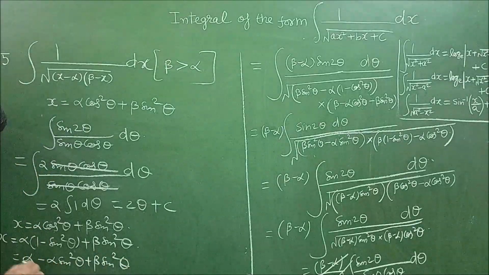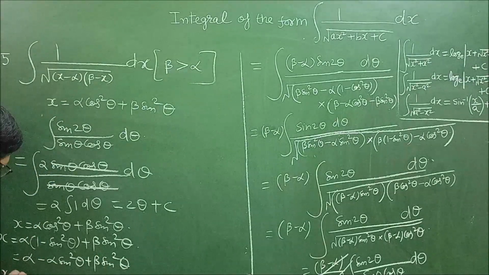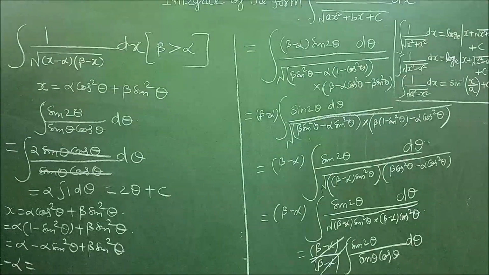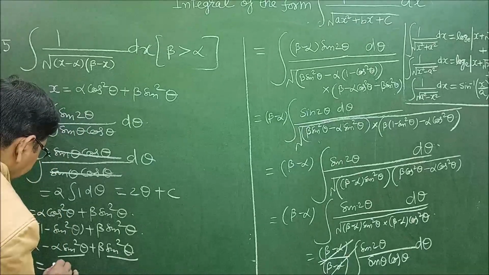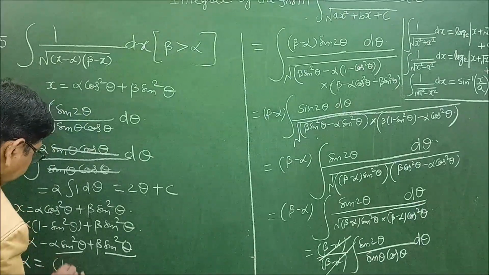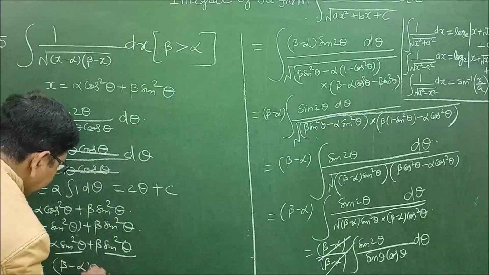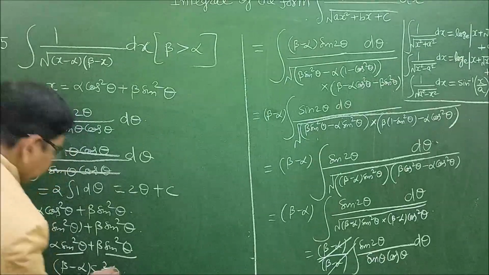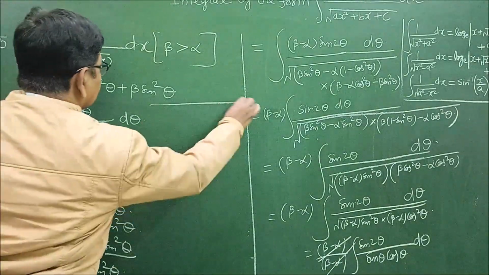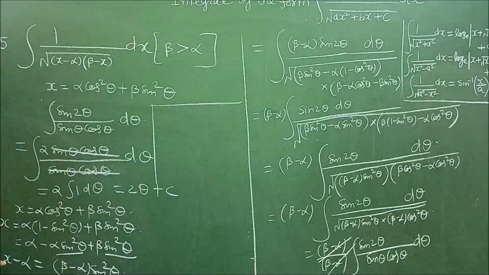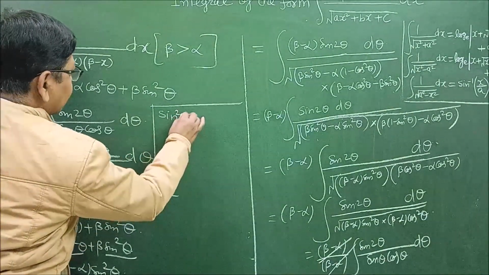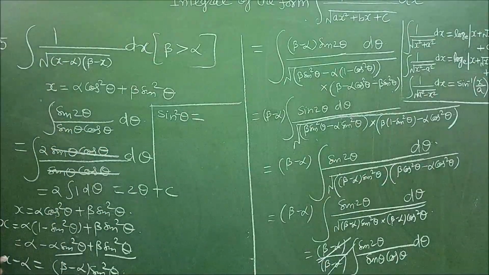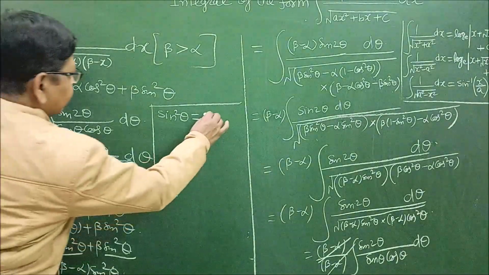Transposing this to the other side, x minus alpha is equal to, taking sin squared theta common from these two terms, (beta minus alpha) sin squared theta. So this gives us the value of sin squared theta is equal to (x minus alpha) upon (beta minus alpha).